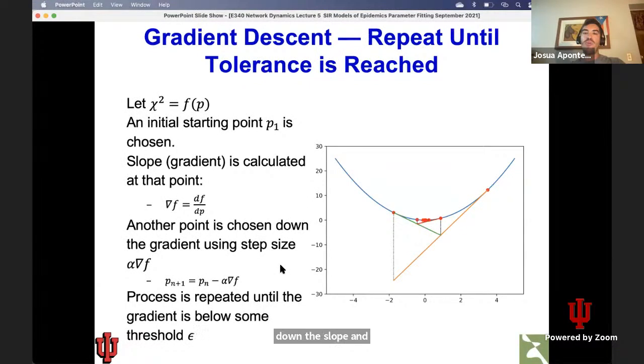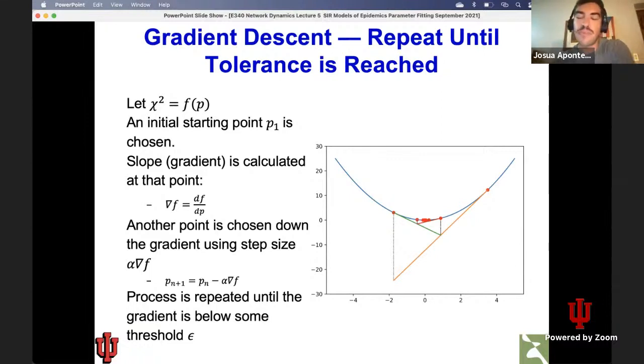And then the process is repeated until the gradient is below a certain threshold, which is the tolerance or the error that the optimizer is willing to accept, right?